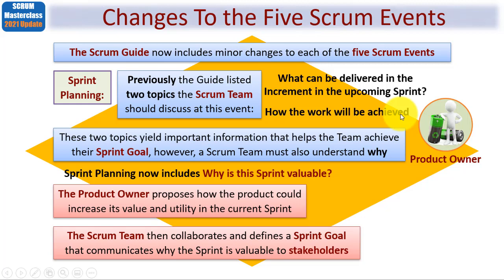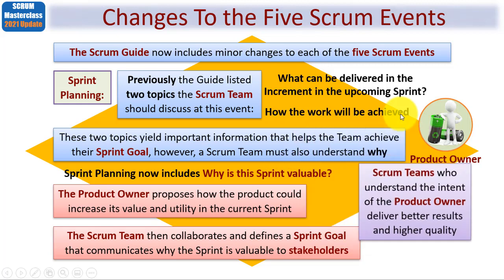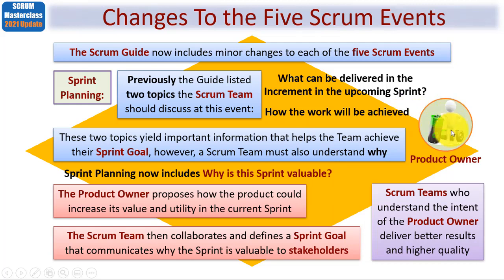One of them could be taking large epic stories, if you will, and breaking them down into smaller, more refined user stories. However, all of this is done at the sole discretion of the developers. No outside interference. No one else tells them how to turn product backlog items into increments of value. So Scrum teams who understand the intent of the product owner will deliver better results and higher quality.